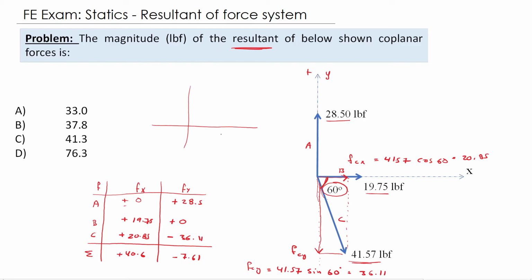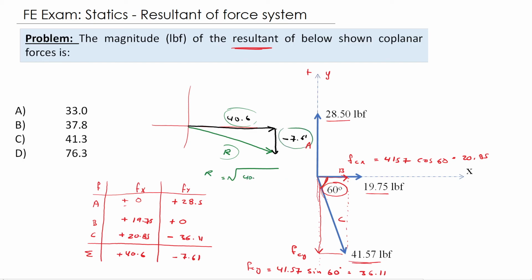Now we need the resultant force. So in the x direction we have 40.6, and in the y direction we have negative 7.61, and this is the resultant force R. So we have a right triangle, and R equals the square root of f of x squared plus f of y squared.